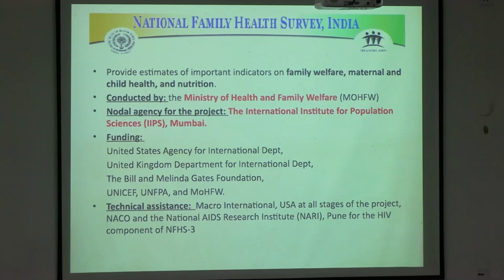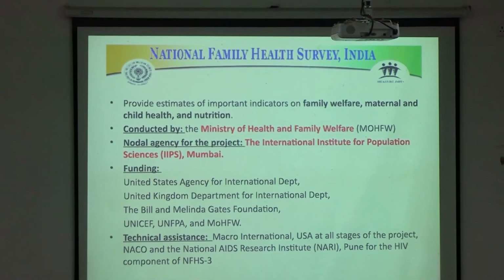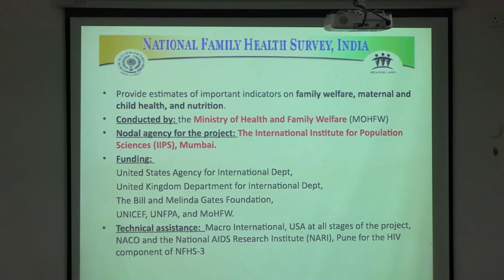Most important, National Family Health Survey, NFHS. You see there is funding from international agencies. You know about Melinda Gates? Bill Gates, you know? Bill Gates, he was one of the richest men in the world. His wife Melinda Gates.